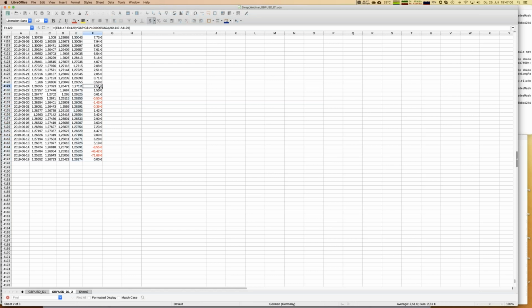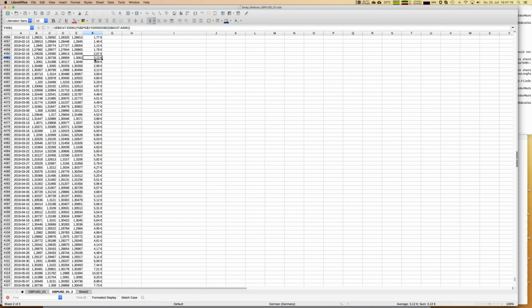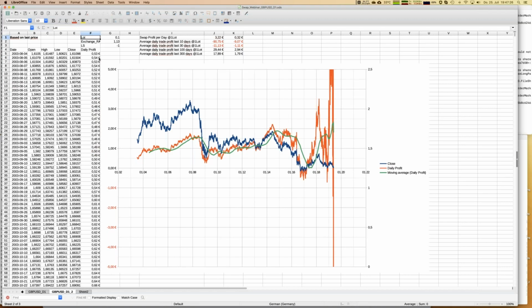And now the numbers became smaller because the averaging effect is much more pronounced. So if I go back here, those trades will be already 100 days. But the daily profit just from the trade itself is now 3 euros. And that's what you can find within the chart.